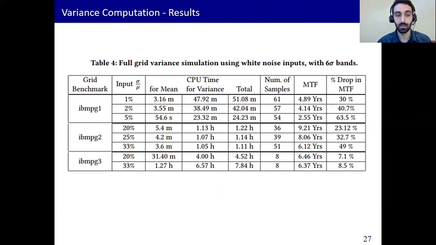And we can see the impact on the MTF estimates: the percentage drop in MTF using the variance as opposed to only the DC approach can be as high as 50%. The total CPU time is still realistic, up to 8 hours for the largest benchmark in this example.